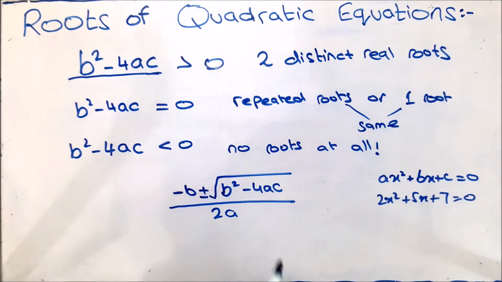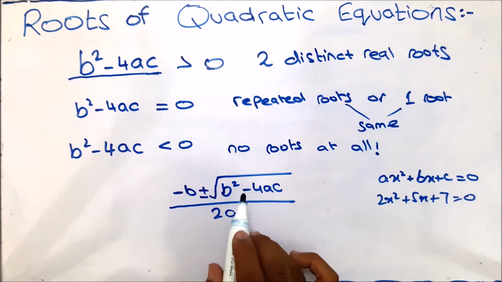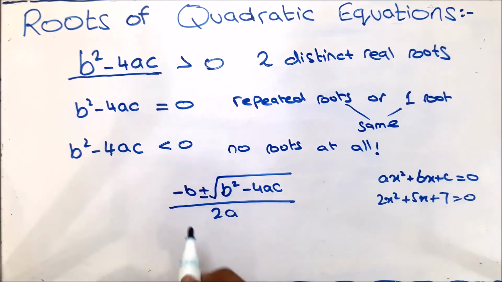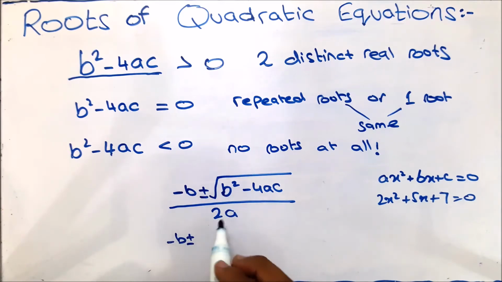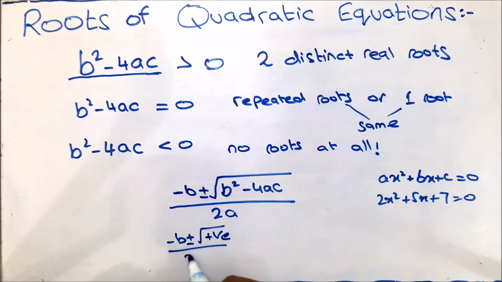Whenever this b squared minus 4ac is greater than 0, we get something like minus b plus or minus the square root of something positive, divided by 2a.